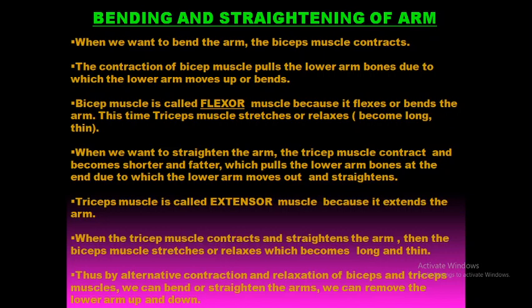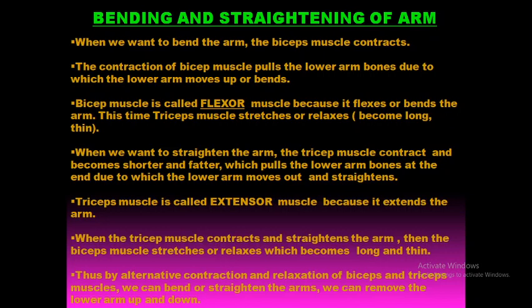Now, when the bicep muscle contracts and bends the arm, the tricep muscle stretches or relaxes. That means when the bicep muscle contracts, the tricep muscle is relaxed. Again, when we want to straighten the arm, the tricep muscle contracts. That means it becomes shorter and fatter.